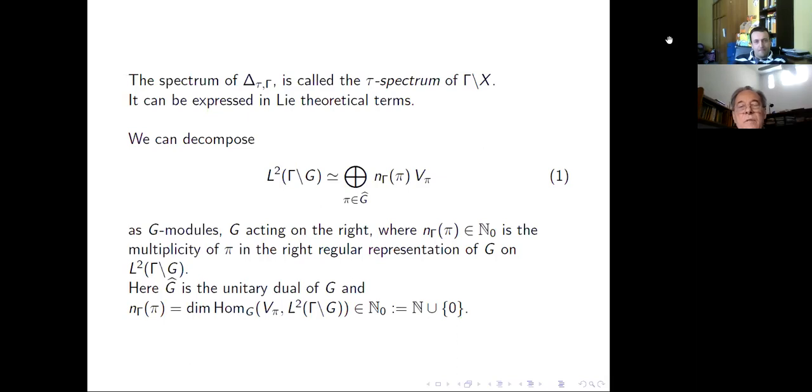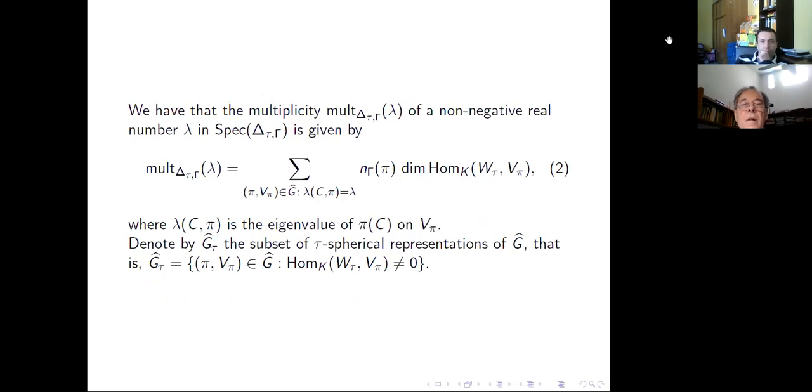And this is the right regular representation of G. G hat is the unitary dual. Okay. So now we have an expression for the multiplicity, we call it mult delta tau gamma of lambda, of a non-negative real number lambda in the spectrum.